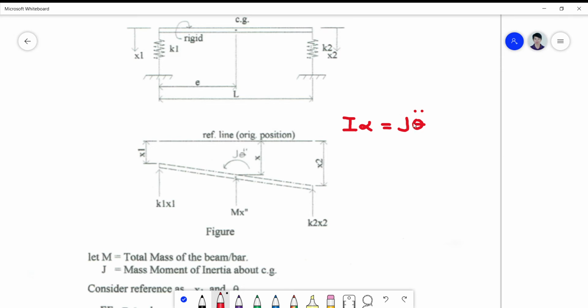These are of course rotational or angular accelerations.